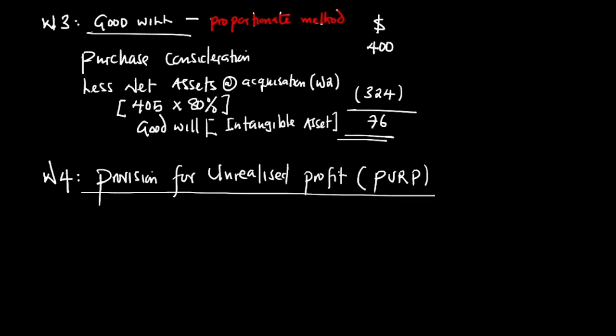Okay, so working number 4, there is what we call provision for unrealized profit, or simply PRP.